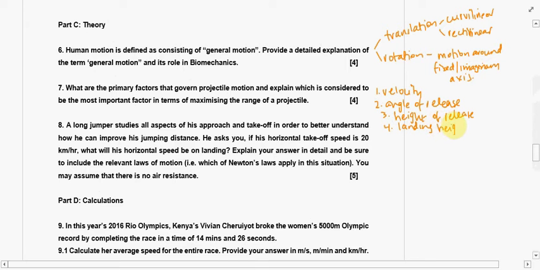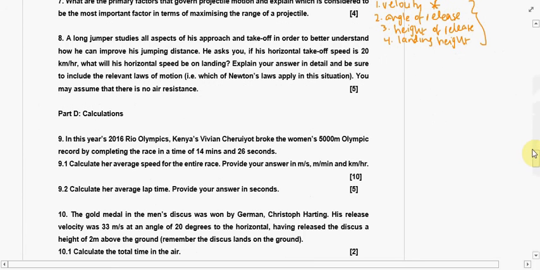You could add a fifth one, which is air resistance, if you wanted to. In all of these, we want to unpack how the angle changes when the height of release changes, or when the landing height changes. Out of all of these, the most important one is your release velocity. In terms of range, there's a link between range and velocity squared, so it's the most important factor. It tends to have the biggest impact in maximizing the range of an object.